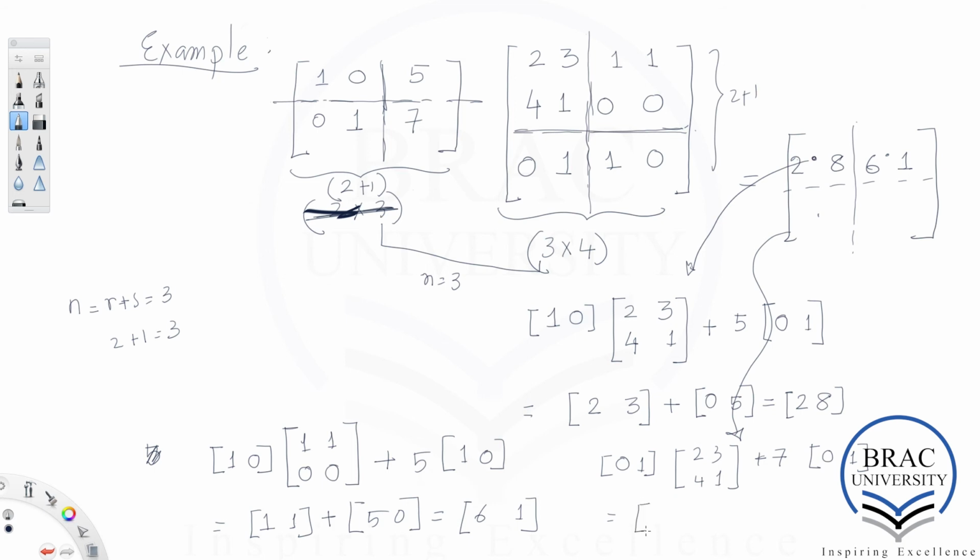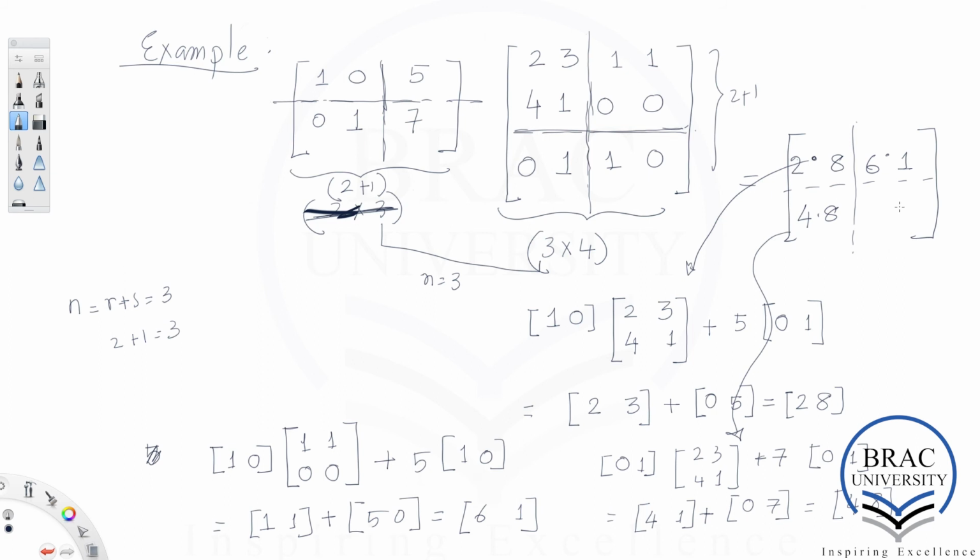So the first entry is 4, and the second entry is 1, and that gets added to 0 7, so that you have 4 8, right? This block is 4 8.